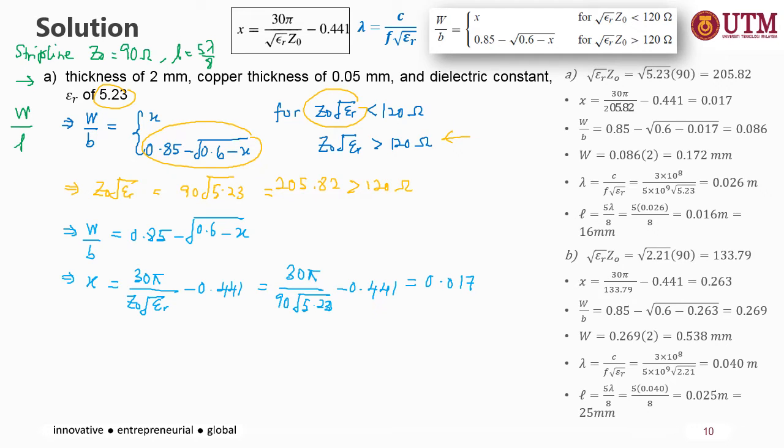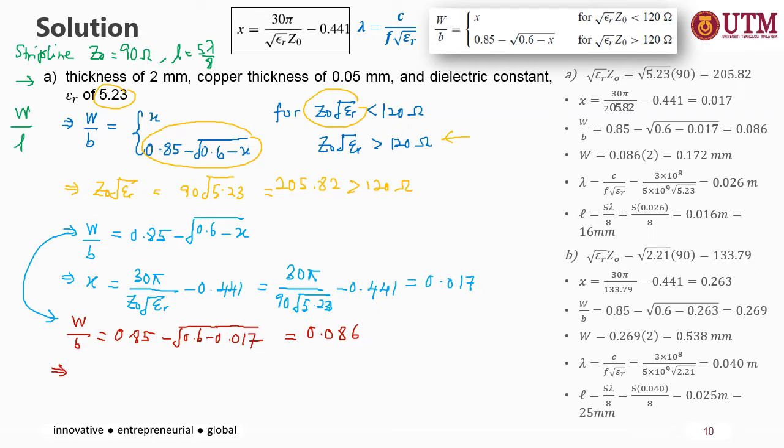So from here you can calculate the ratio of W over B equal to 0.85 minus 0.6 minus 0.017. So the ratio is 0.086.